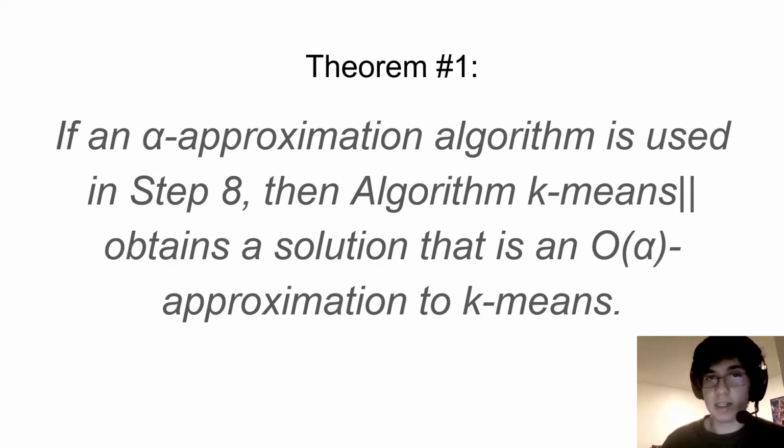And he does this by showing that at each iteration, the cost of adding new centers to the set C reduces the cost of the solution by a constant factor plus 5 star, which is the cost of the total solution so far. And so he proves this using expectation of just adding the points to the set C, and it's a very convoluted proof, but that's the idea of it.